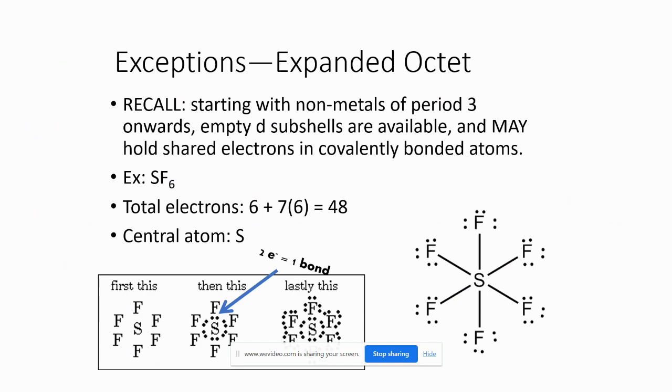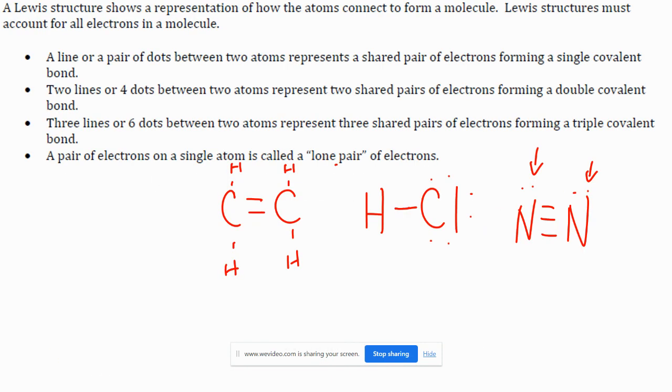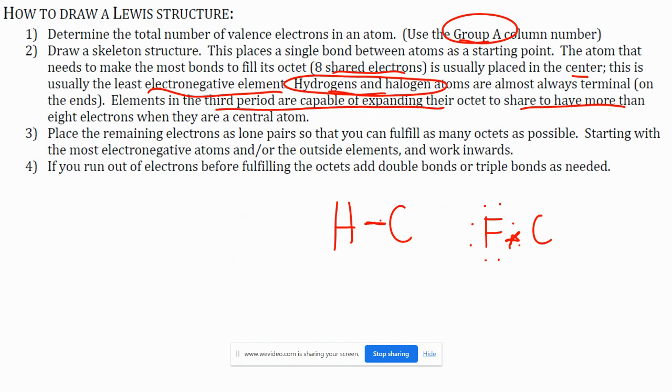This is how, if you remember back at the very beginning, I said hydrogens and most of the time halogens. Well, your halogens that are chlorine and down can expand their octets. So that's why I didn't say always.